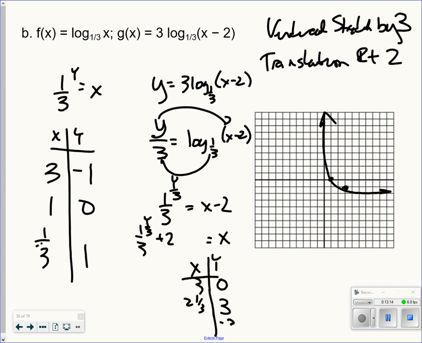Negative 3 for y, that would be 5. So picking a different color, 3, 0. 5, 1, 2, 3. And then what I have here, 2/3, 3.